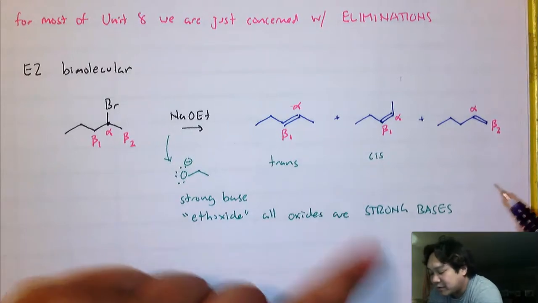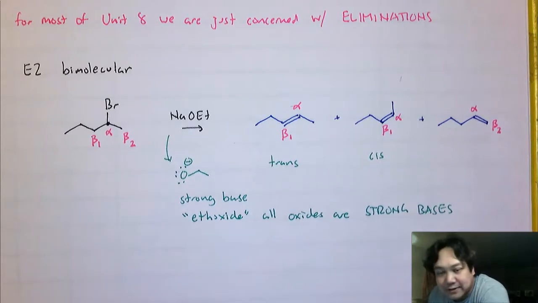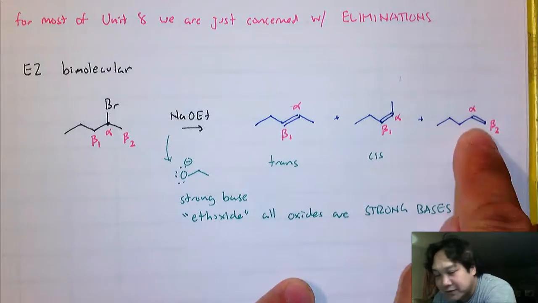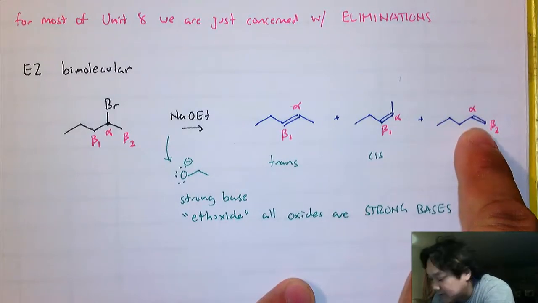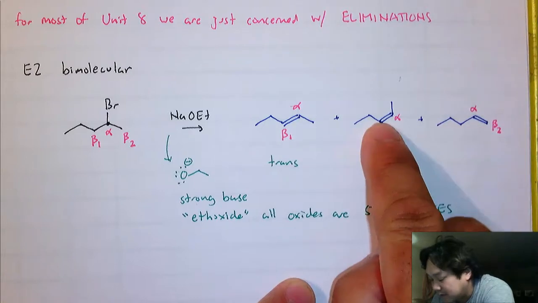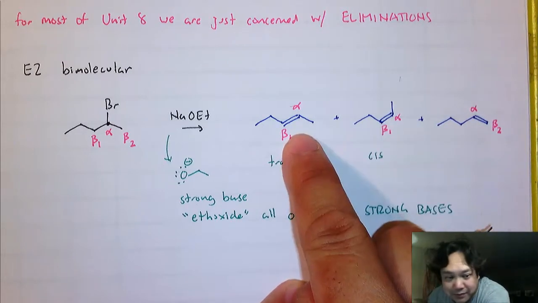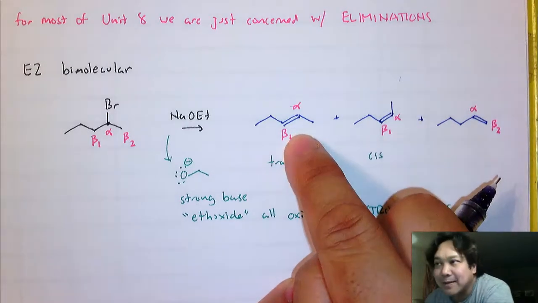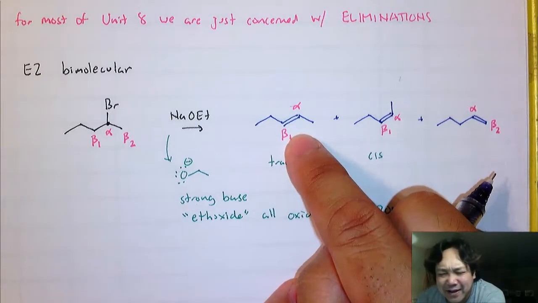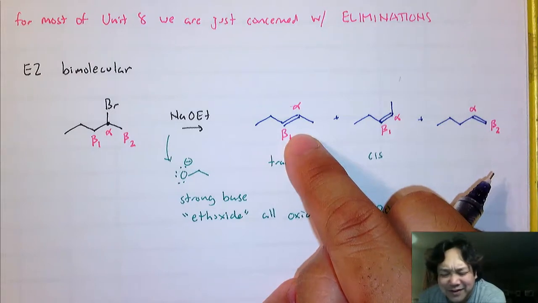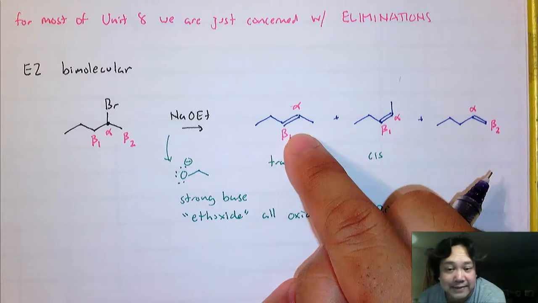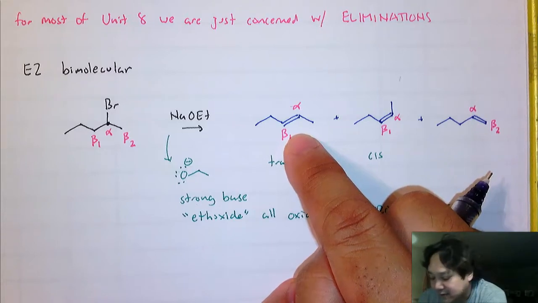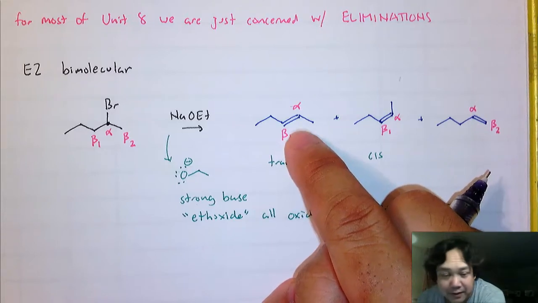What about the major product? The major product is the double bond that's most stable. You know that mono-substituted is less stable than di-substituted. And this is also di-substituted. If you need to review that, I believe that's Unit 3, where I talk about E and Z, cis and trans, and the stability of the double bond.